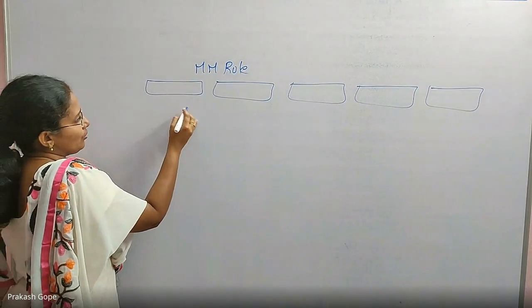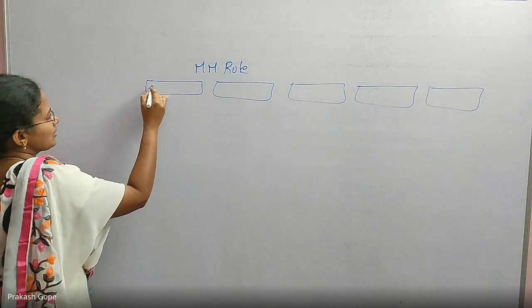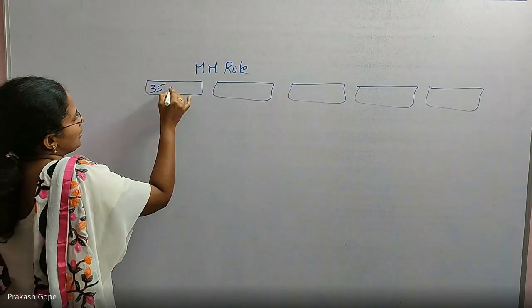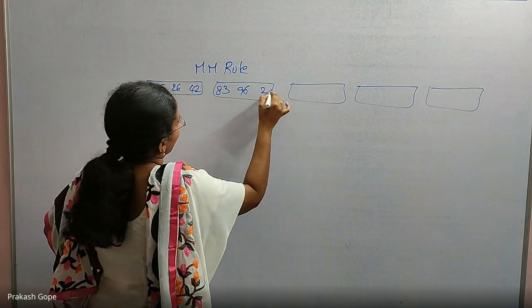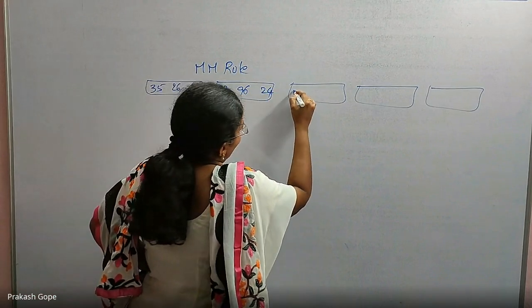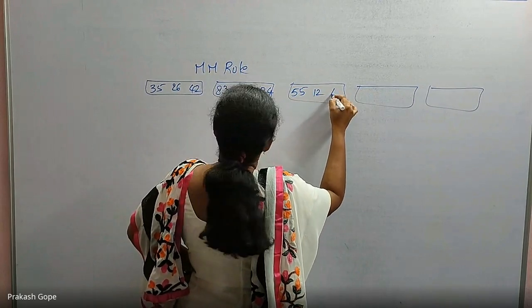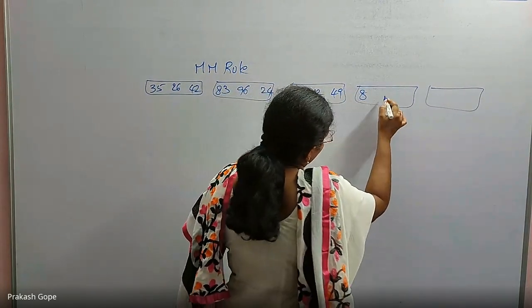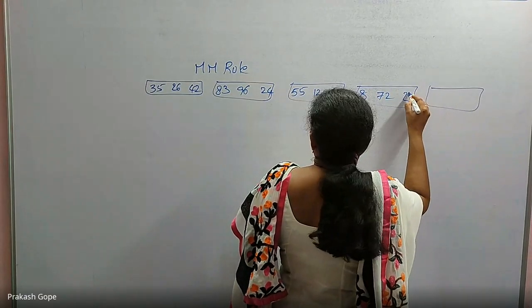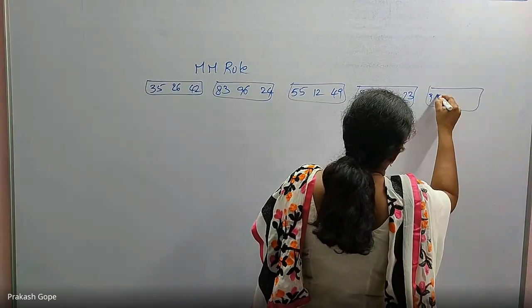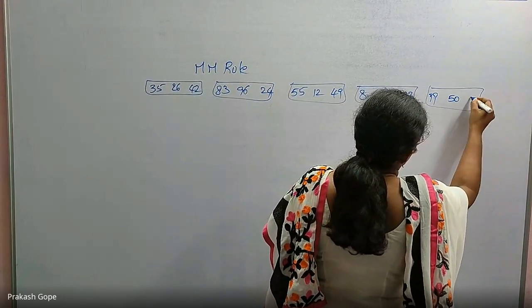Okay. So, for example, the elements are, let me write all the 15 elements. 35, 26, 42, 83, 96, 24, 55, 12, 49, 8, 72, 23, 99, 57.